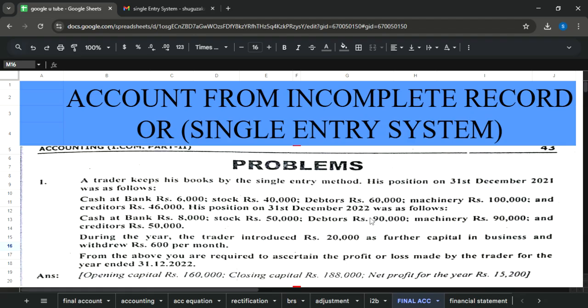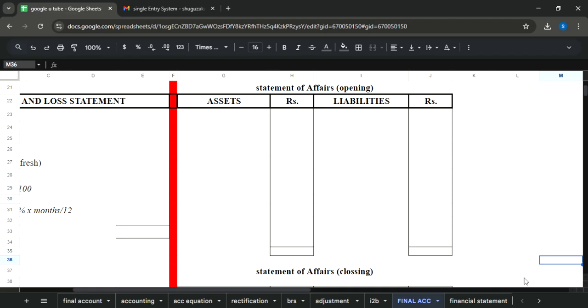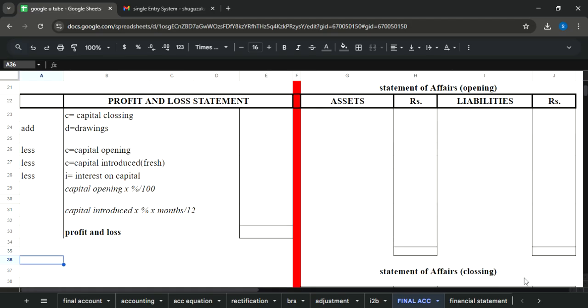And finally, the good thing is we have all three answers with ourselves. Opening capital answer, closing capital answer, and profit loss statement answer is available. On the other hand, this is our performa. As you know, on the left side of your page, this is your profit loss statement.